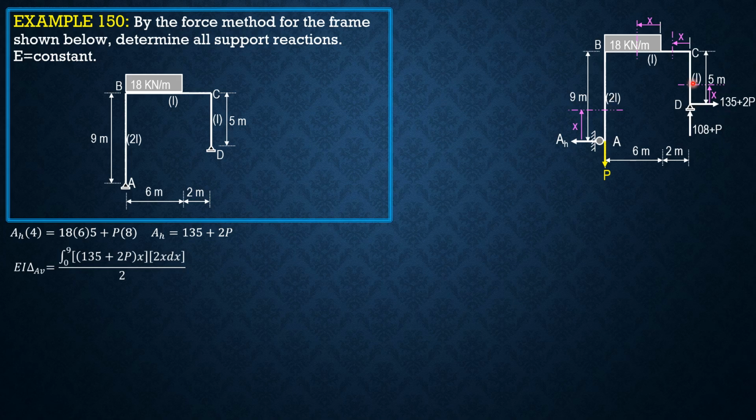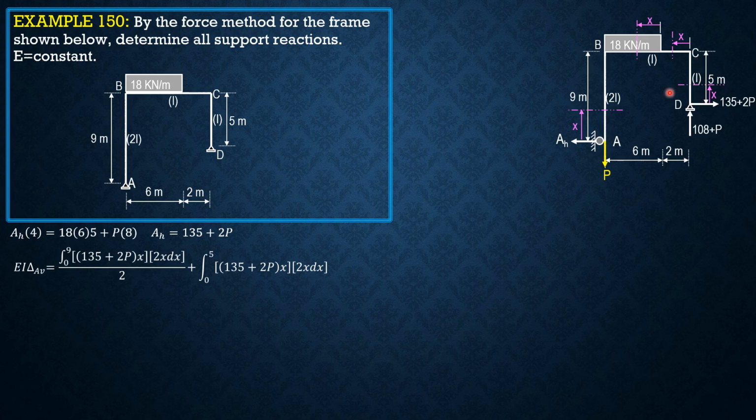Then we proceed to this section here. That's also positive. Here clockwise positive, here counterclockwise positive. So plus integral 0 to 5 of quantity 135 plus 2P times X. The derivative is 2x dx over 1, so I'm not showing over 1 anymore.